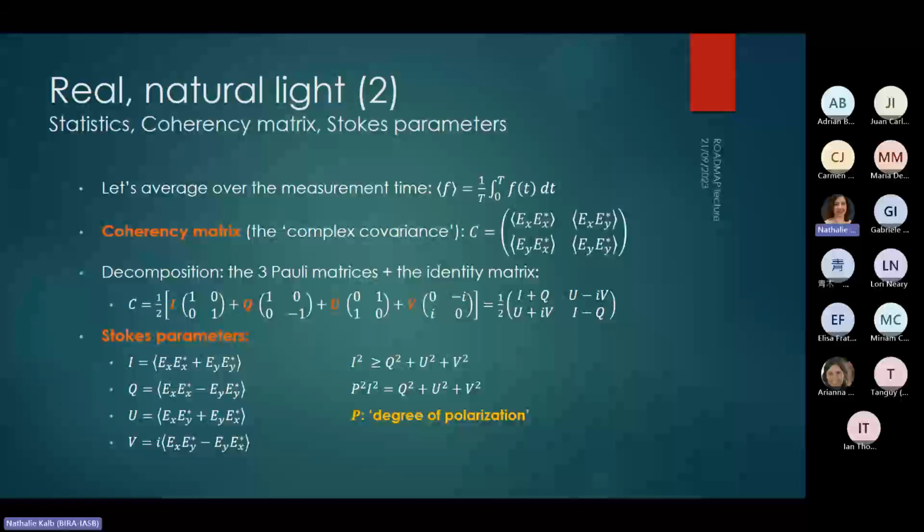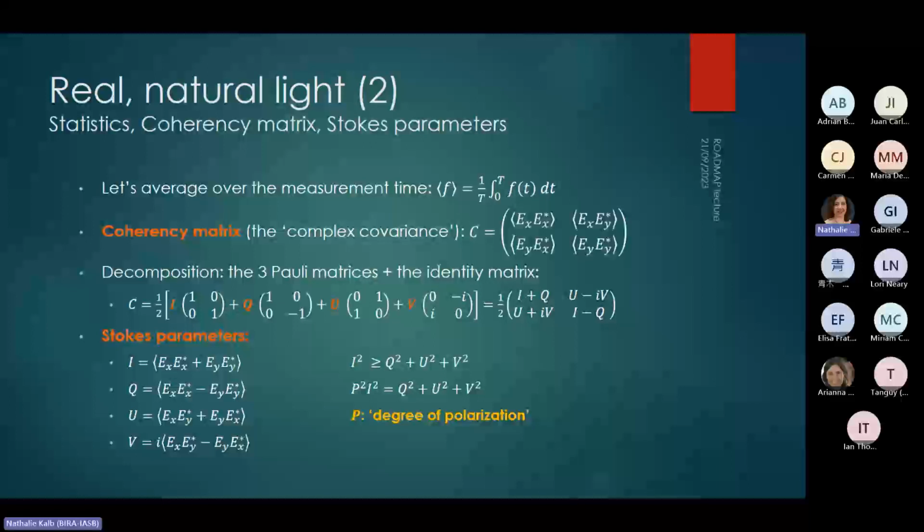They have the decomposition I times the identity plus Q times the first Pauli matrix plus U, second Pauli matrix, V, third Pauli matrix. You can put everything together like this, and you can read off the four so-called Stokes parameters.